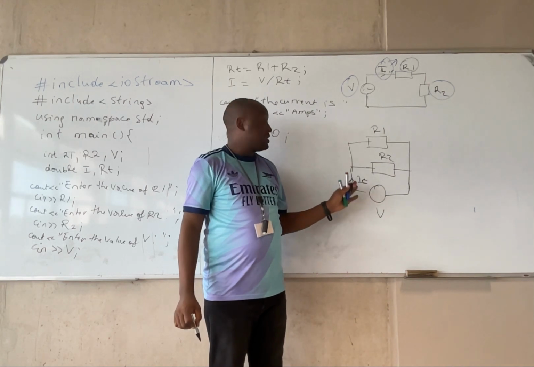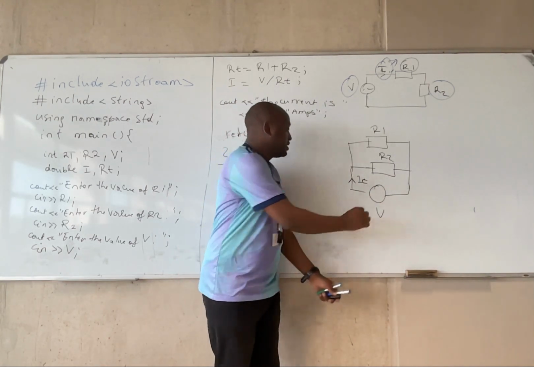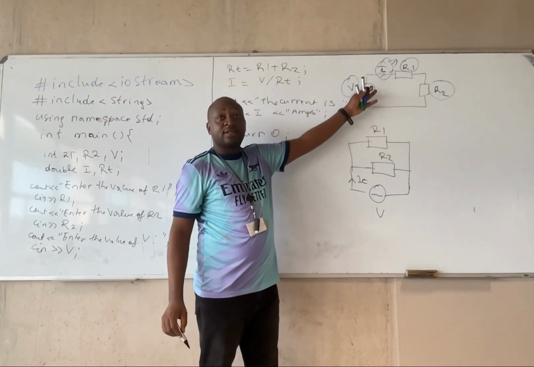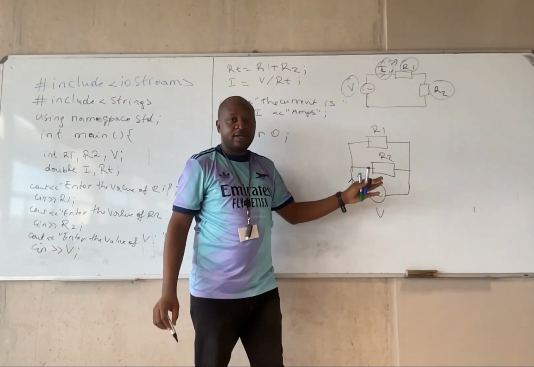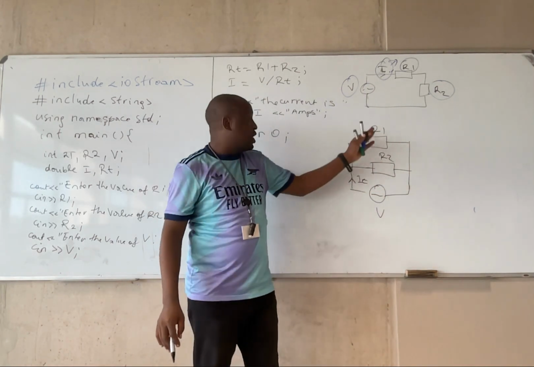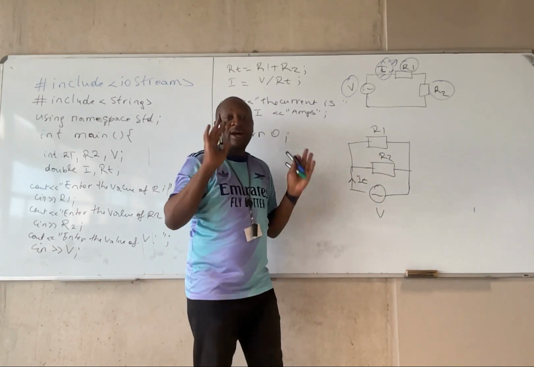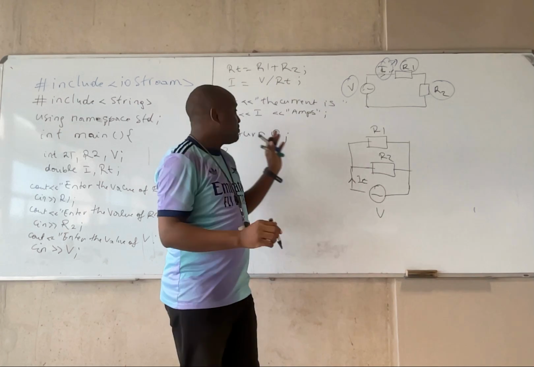Try to get the total current that's going into this circuit again. They are no longer in series, they are now in parallel. Use the same method. You know how to get total resistance, you know how to get the current. Now write the code and make sure it's running.